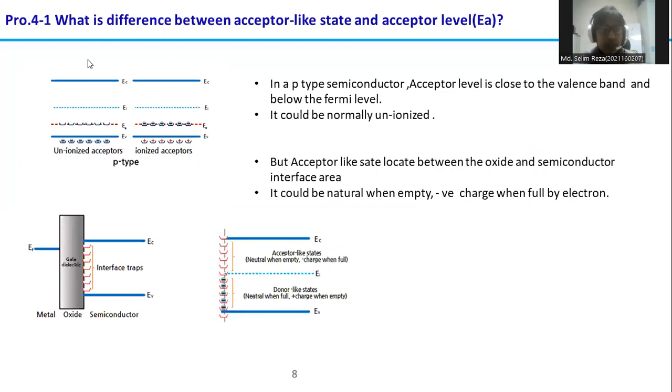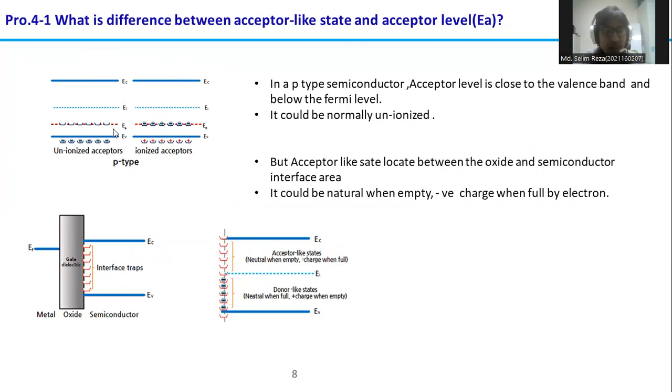And the next question is, what is the difference between the acceptor-like state and the acceptor level? If we go for a p-type semiconductor, the acceptor level is close to the valence band and below the Fermi level. This state is called the acceptor level.